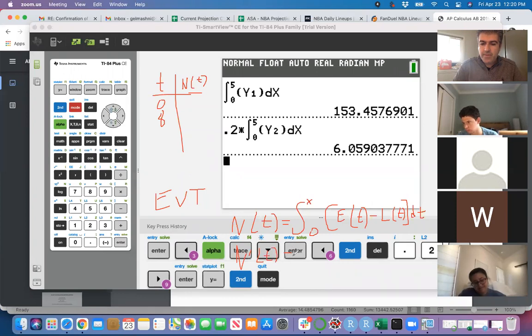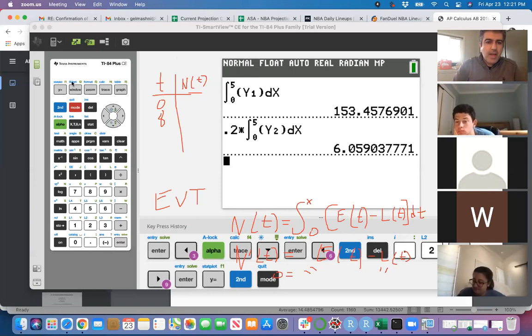If I take the derivative of this integral, that just becomes E of t minus L of t, and I want that to equal 0, because the number of fish is the integral of the difference in those rates. But if I want to find extreme values, I have to test endpoints and critical points. I take the derivative of N, and because N equals an integral, the derivative and integral cancel out. So N prime of t is E of t minus L of t, and I want that to be 0.